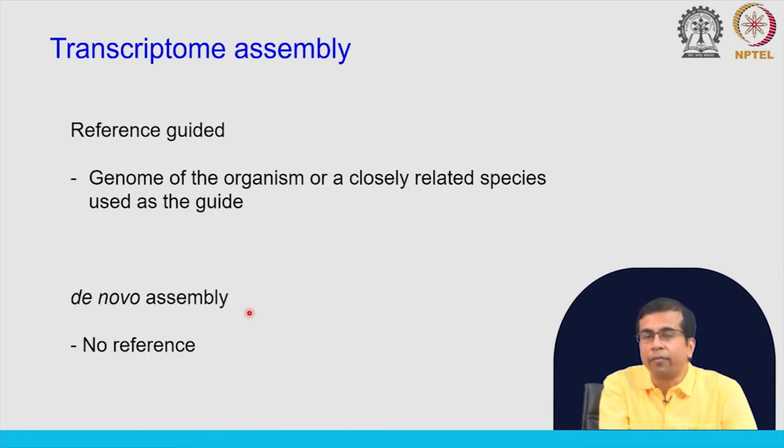Or you can do de novo assembly, where there is no reference genome and you have to make sense of the whole thing somehow. You can probably understand this is much more challenging. When you have a reference genome, it is slightly easier to do the assembly, whereas if you do not have any reference, the de novo assembly process is a much more challenging problem.